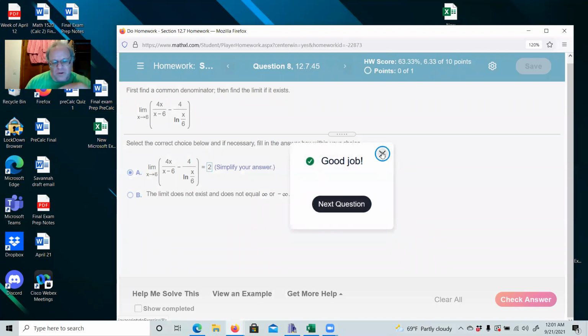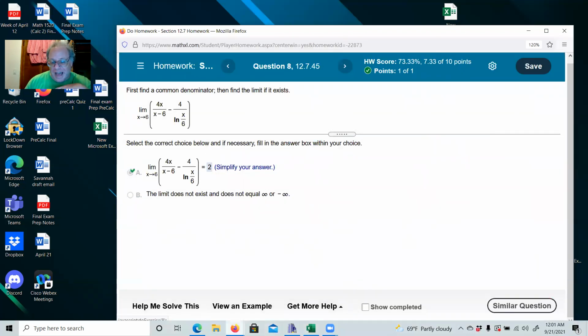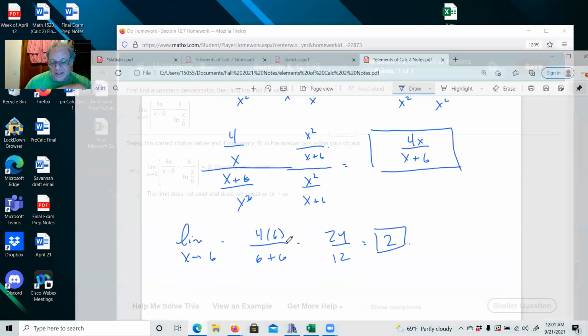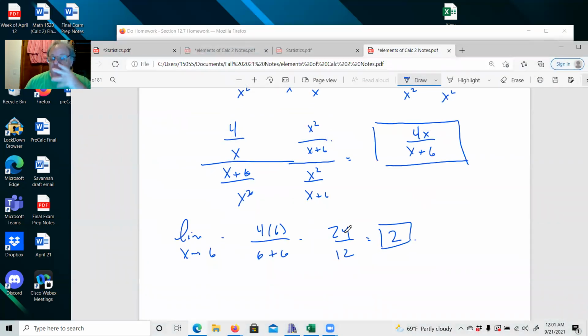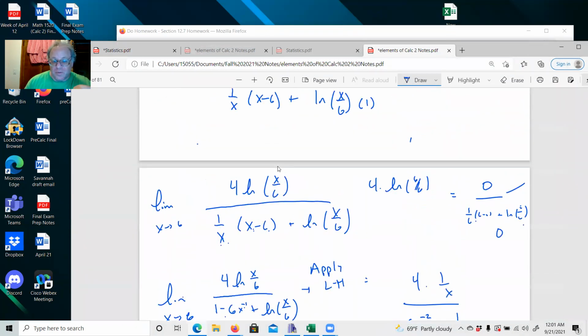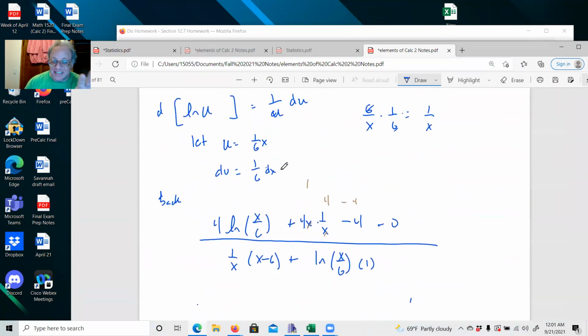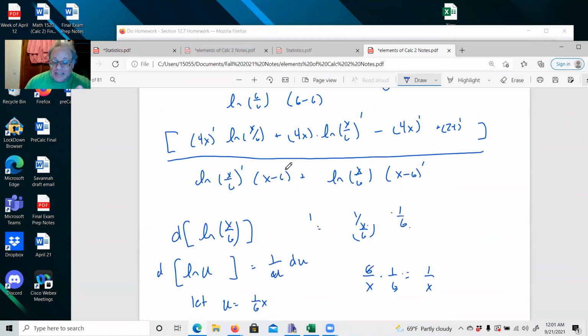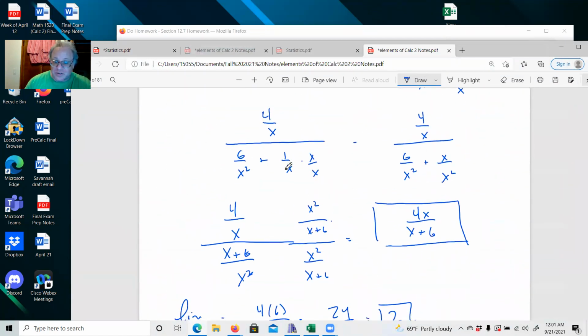Hey, look at that. Okay, so I would feel a little bit bad about giving you a problem like this on a quiz, because there are too many moving parts and too many places to mess up. So number 8, I would say this is a good problem to do as a homework problem. This is not a good problem to take as a quiz question.